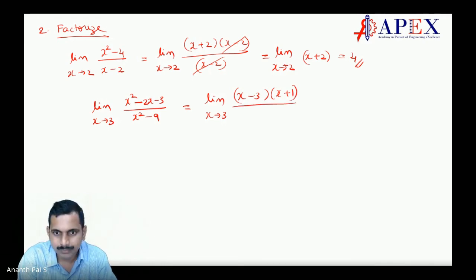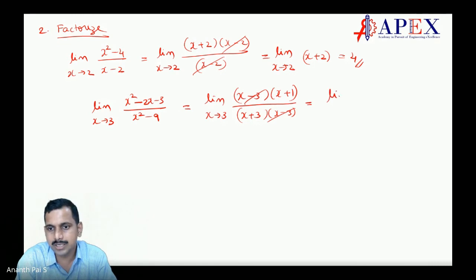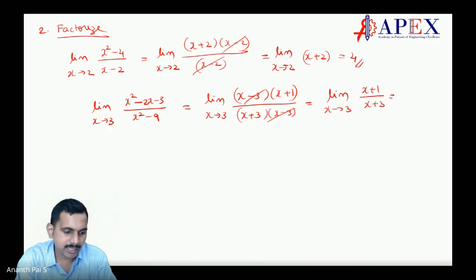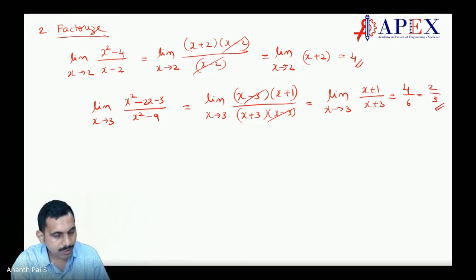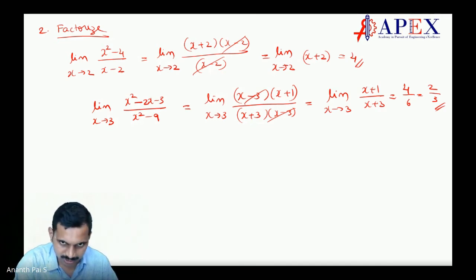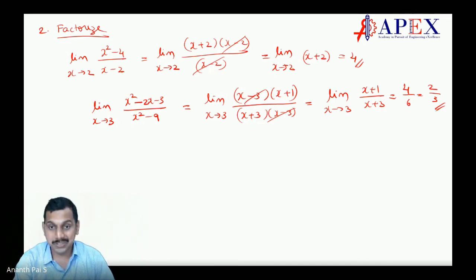So x minus 3 can cancel, and what remains is limit x tending to 3 of x plus 1 divided by x plus 3. The answer comes out to be 4 by 6, which is equal to 2 by 3. Make sense? That is the second step.